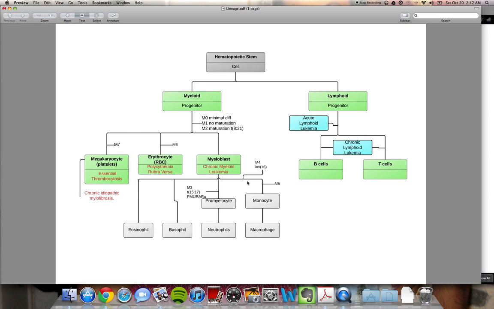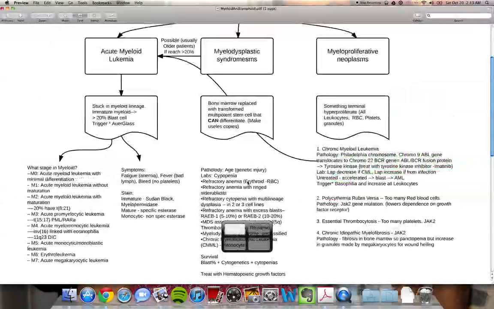Okay, so let's quickly review. We have M0, M1, M2. They deal with the early progenitors, and they go in order of maturation. M0, minimal differentiation. M1, no maturation. M2, you have the maturation. Now M2, M3, M4 is where we have the chromosomal differences. M2, you have the translocation between chromosome 8 and 21 in only 20% of the patients.